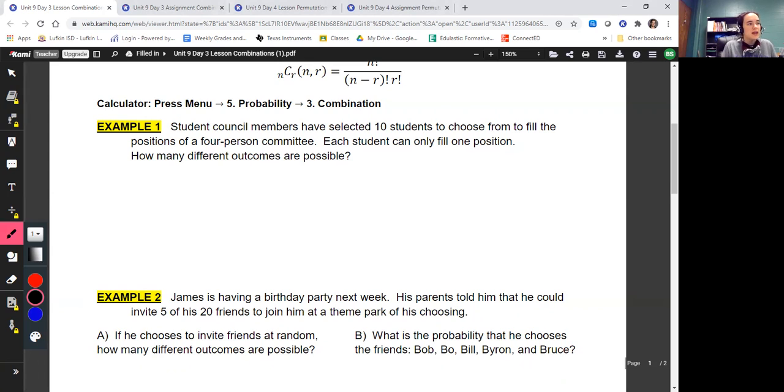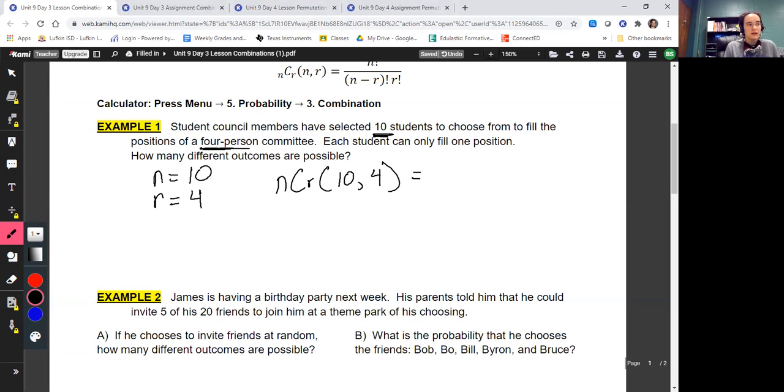So for this, we have 10 students to choose from. So that's our total. That's N. And we are choosing 4 people. That is R. So we've got NCR. And then we've got our N, which is 10, and our R, which is 4. So we are going to type this in our calculator.